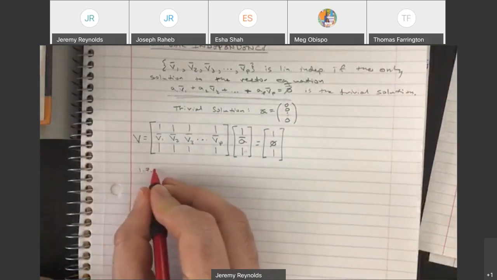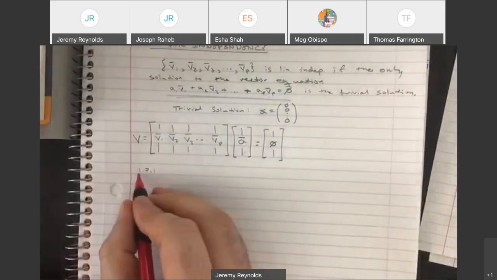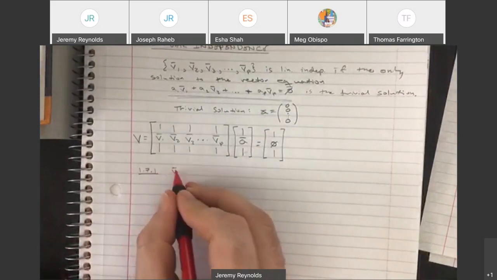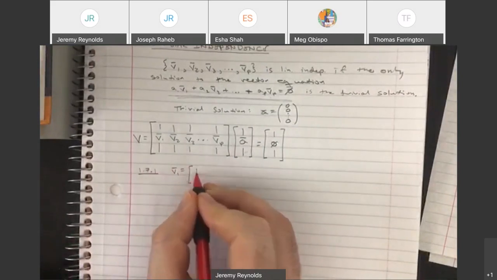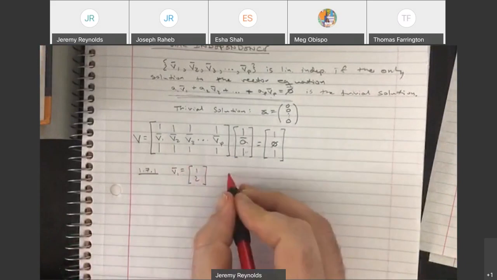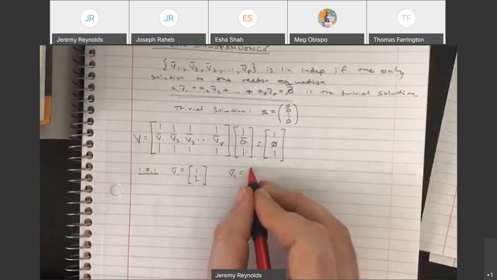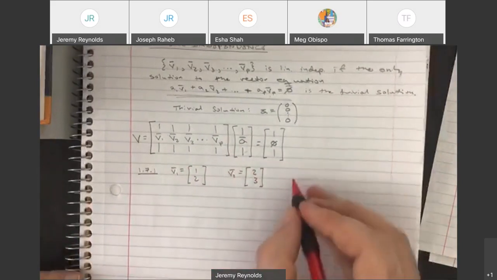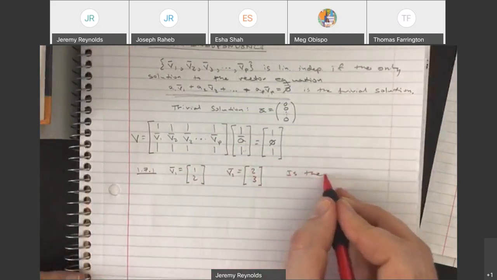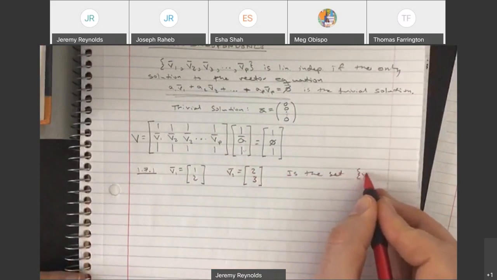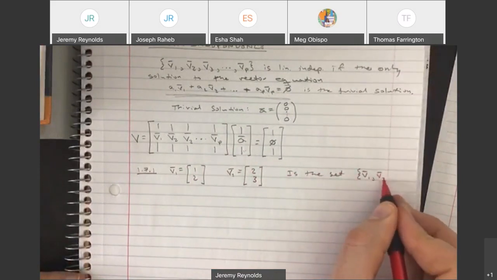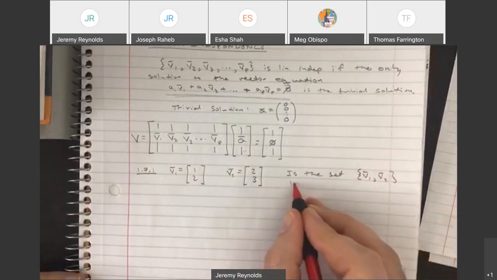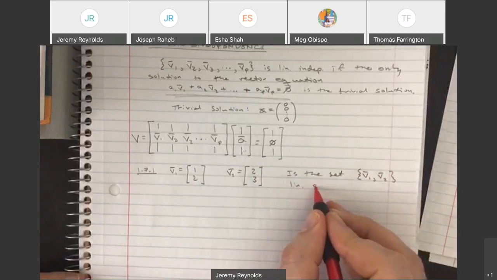So first, if we have 1.7.1, so V1 equals 1, 2, V2 equals 2, 3. Is the set V1, V2 linearly independent?